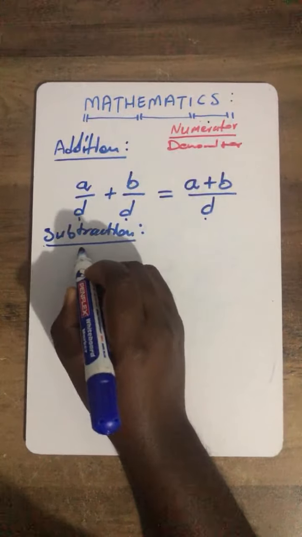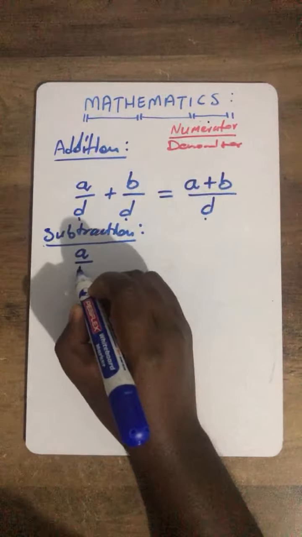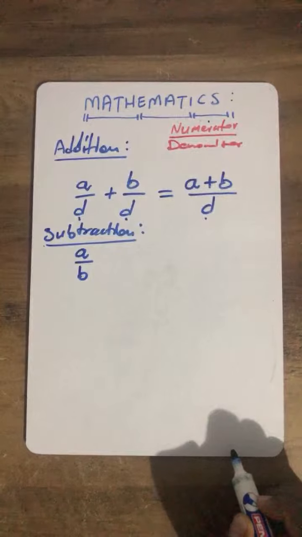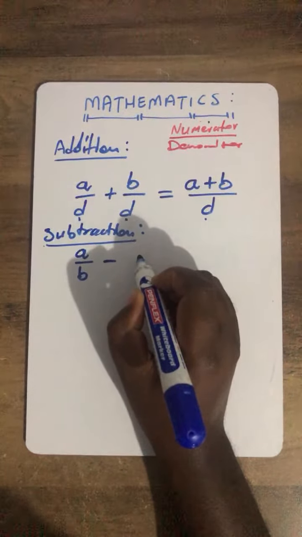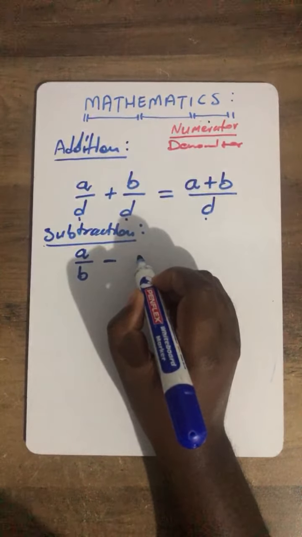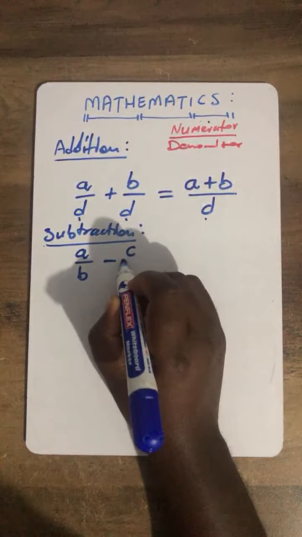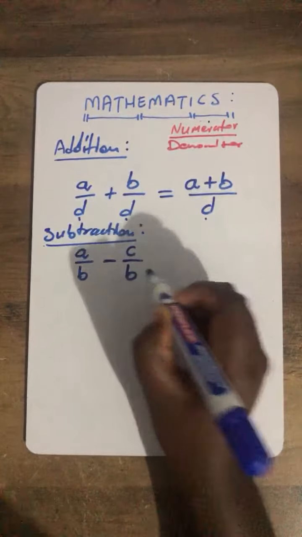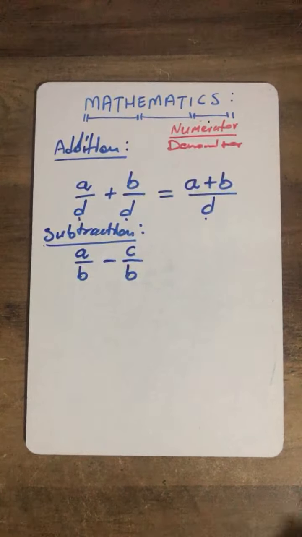For example, again, let us say we have A divided by B, minus, let's say, C over, again, B. What would the answer look like in that case?